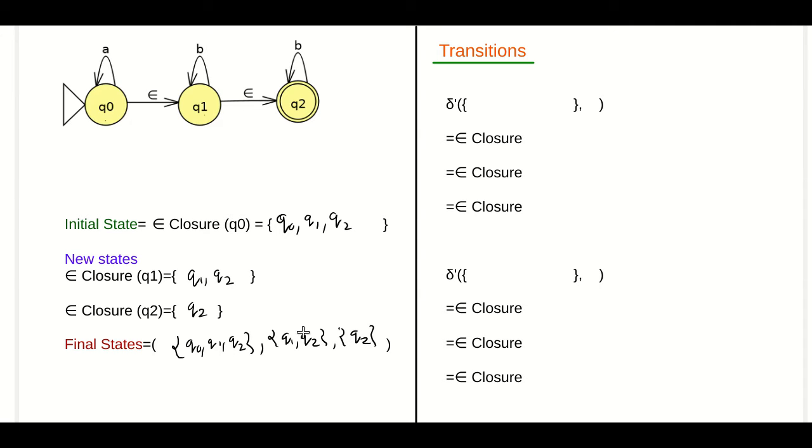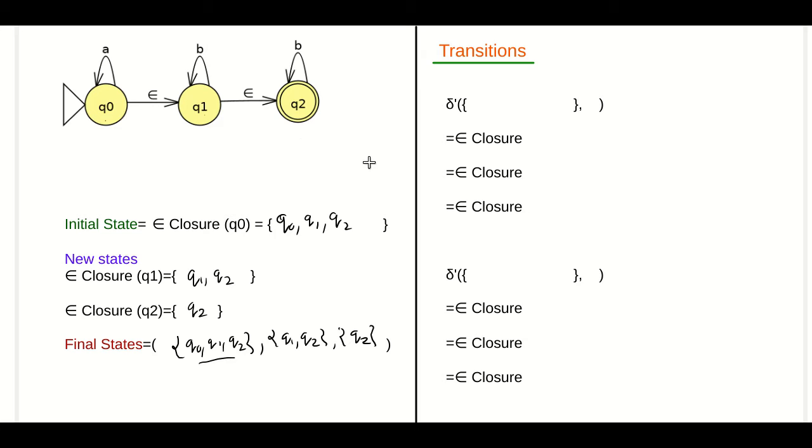So our NFA without epsilon transitions will have three states: Q0, Q1, Q2, then Q1, Q2, and Q2. The initial state will be the set Q0, Q1, Q2, and the final states will be all the states, because all the states contain the final state of the epsilon NFA.